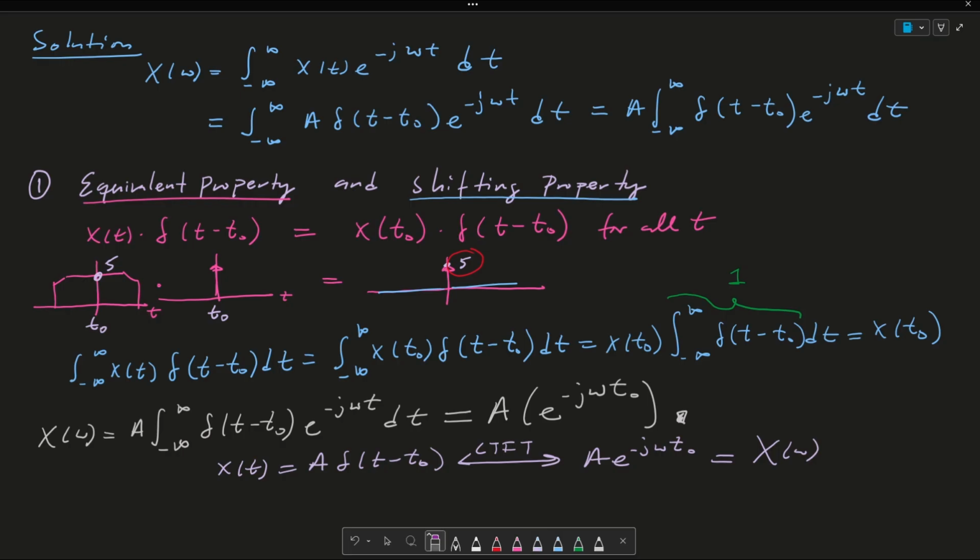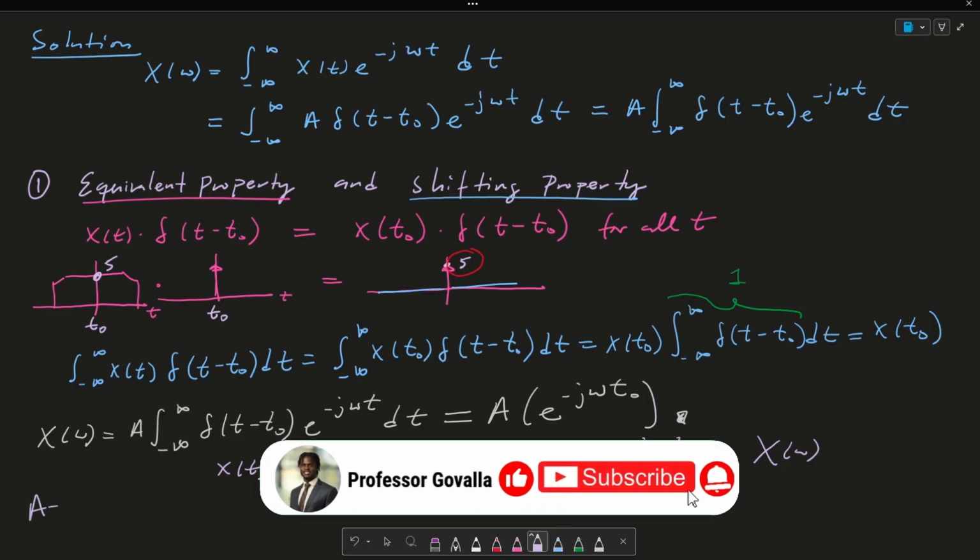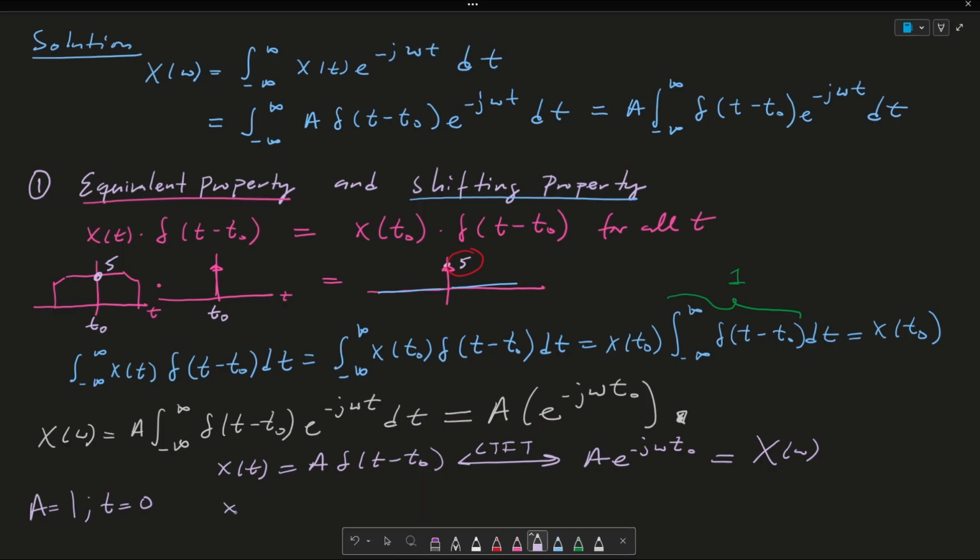A standardized one that you normally see in textbooks is for A equal to 1 and t0 equal to 0. x of t is equal to delta(t), where again this continuous time Fourier transform is simply going to be 1, which is equal to X of omega.